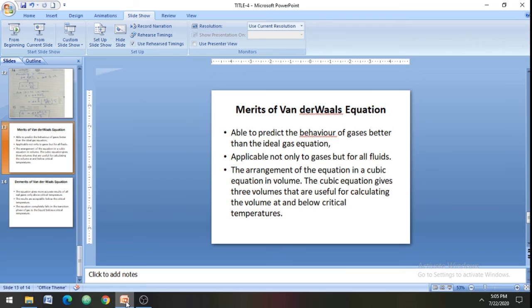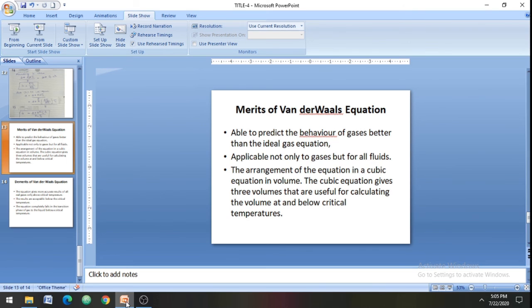Merits of the van der Waals equation. What is the merit? It is able to predict the behavior of gases better than the ideal gas equation. This is applicable not only to gases but to all fluids. Fluid is nothing but a combination of liquid and gases. The ideal gas law is only applicable for gases, but this is applicable for all fluids, both liquids and gases, or solids.